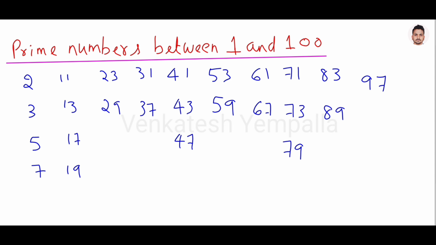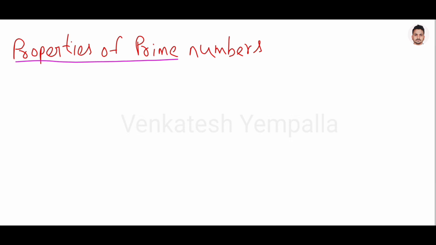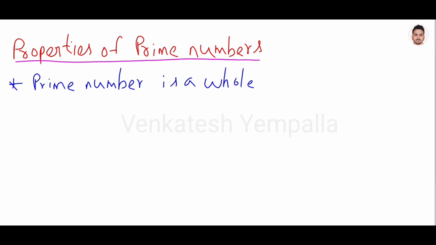Now I will explain the properties of prime numbers. Let's see what the properties are. We have 4 properties of prime numbers. First, a prime number is a whole number greater than 1. 1 is not a prime number; from 2 onwards we say prime numbers.